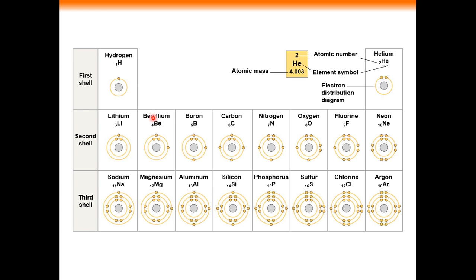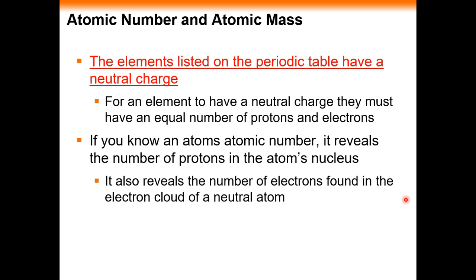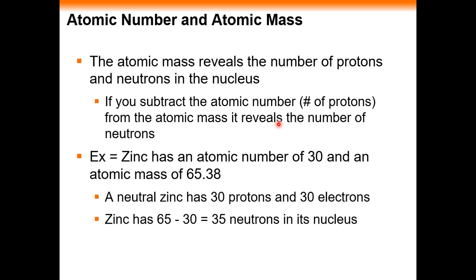Oxygen is 8 protons, so the periodic table version of oxygen is going to have 8 electrons. Argon has 18 protons. The periodic table version is going to also have 18 electrons. So if you know the atomic number, it tells you the number of protons in the nucleus, and also it tells you how many electrons are in a neutral atom, like we just said.